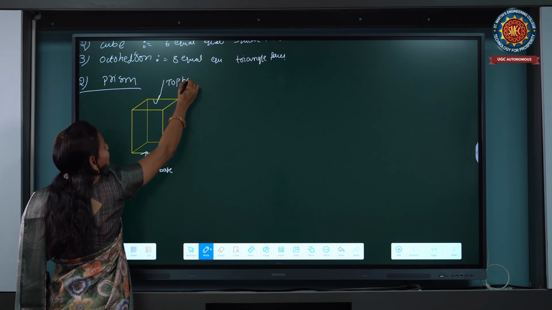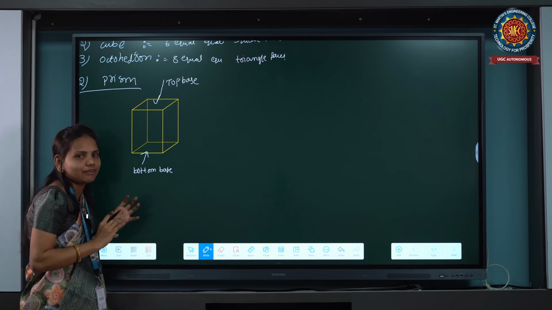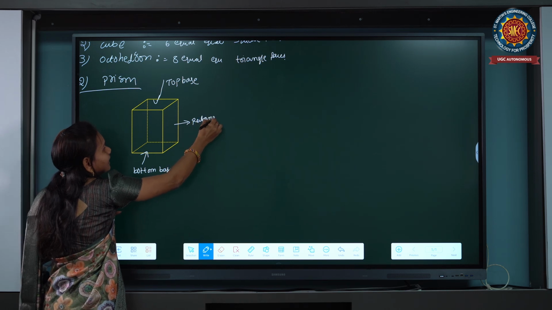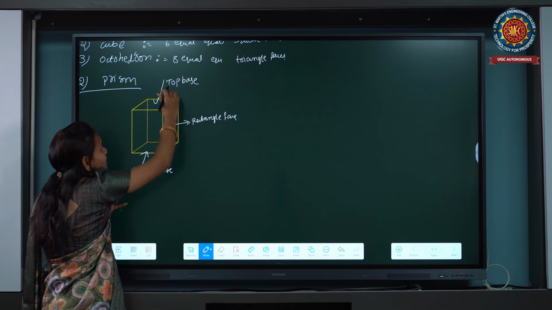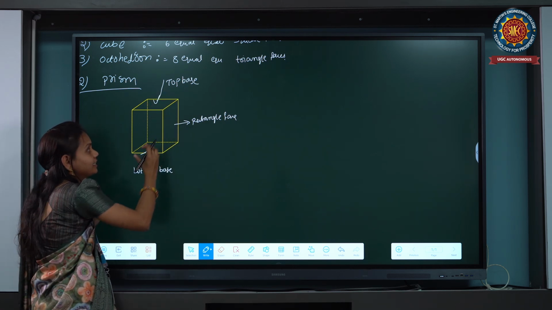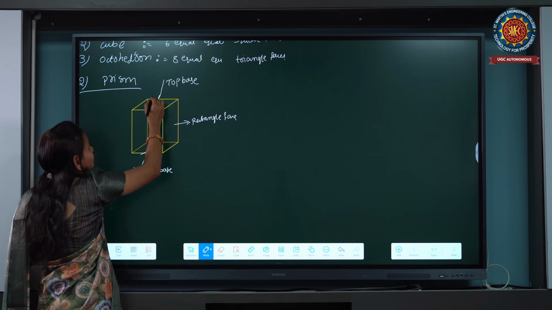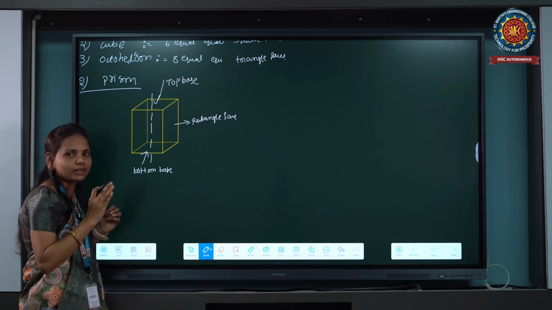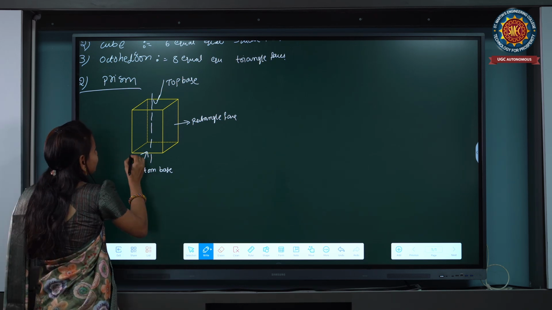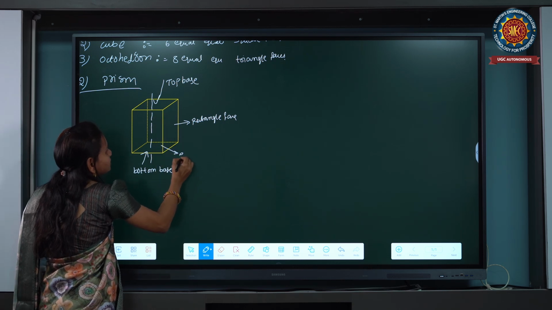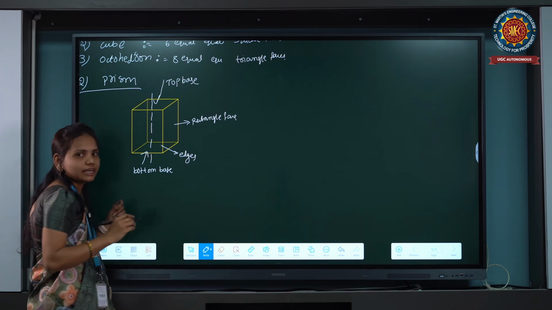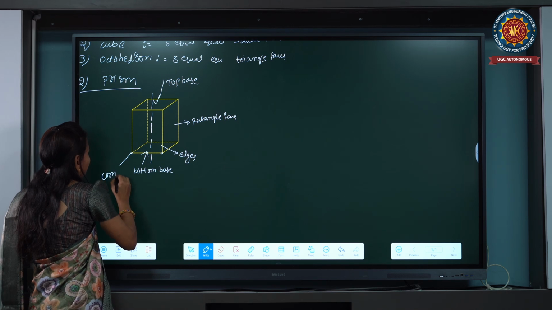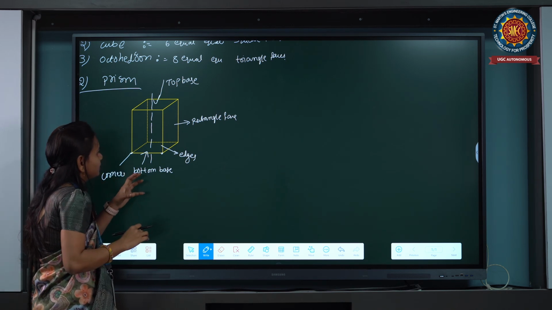The prism has two bases and rectangular faces connecting the top and bottom bases. In the middle there is an axis line, represented as a long line, short line, long line, short line. These straight lines are called edges, and these are the corner points. So this is the prism.